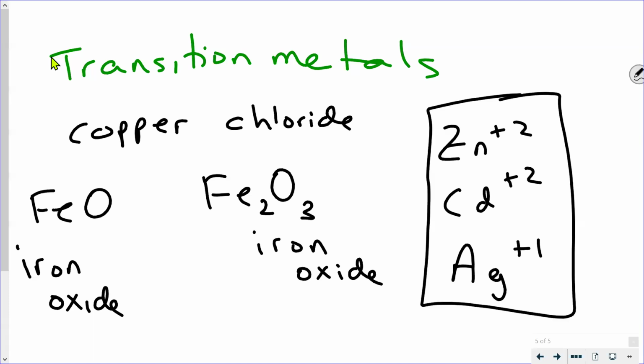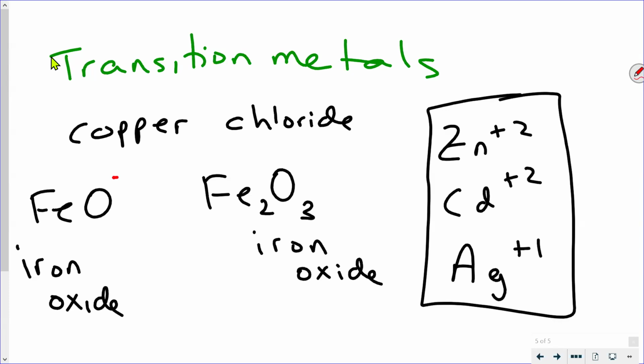Yeah. So the method we use to write the Roman numeral is based on the charge. It's the charge of the transition metal we should always look at. So for the charges of the transition metals, we use Roman numerals because most of them have more than one option. So when it's oxygen, it's often easy to work with, right?